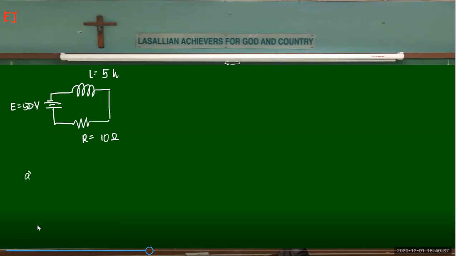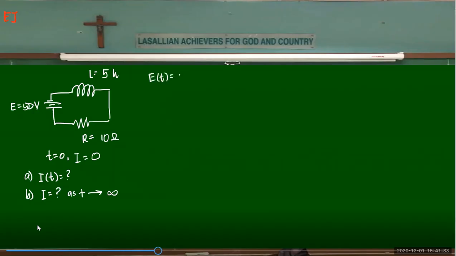You're asked to solve for I as a function of t, and then what happens to I as t approaches infinity. You should know that when time is equal to 0, the current passing through the circuit should be 0 because you haven't started yet. You understand? Okay, so let's begin with the working equation.